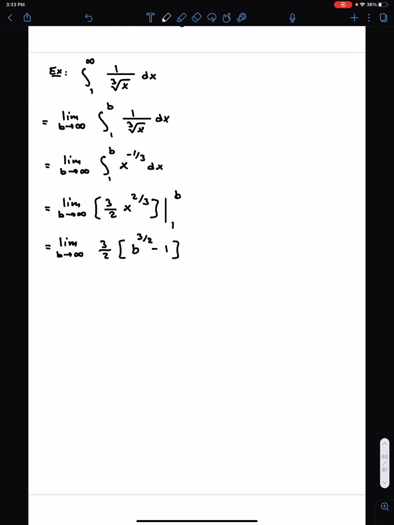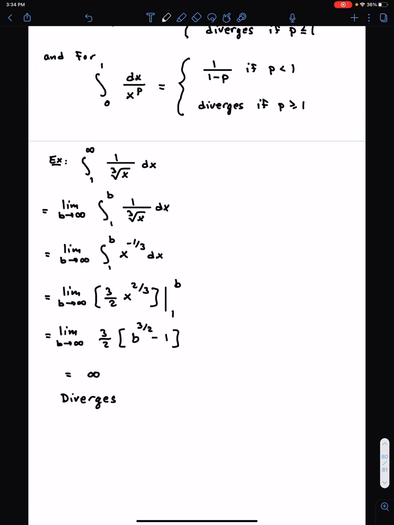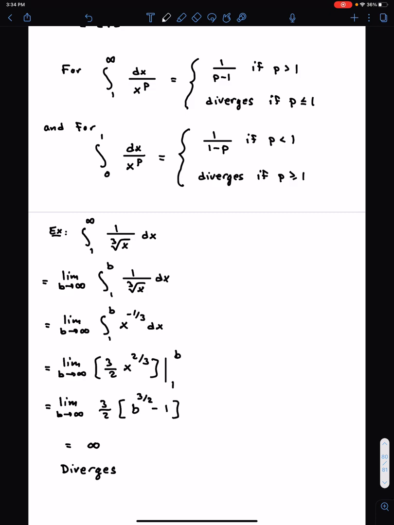If I take a limit as b approaches infinity, I get 3/2 times infinity minus 1, which is 3/2 times infinity, or just infinity. So this integral diverges. And if you match it with this one, p is 1/3, which is less than 1, therefore it diverges.